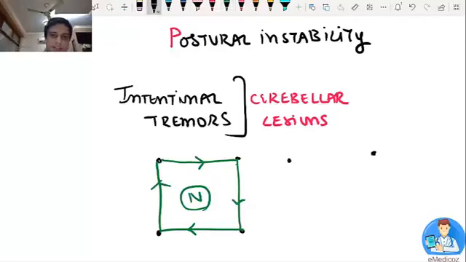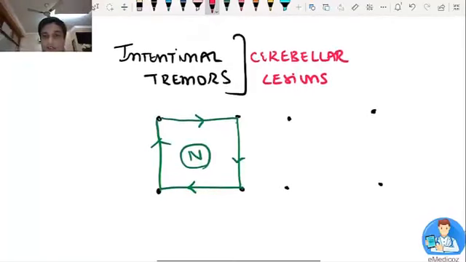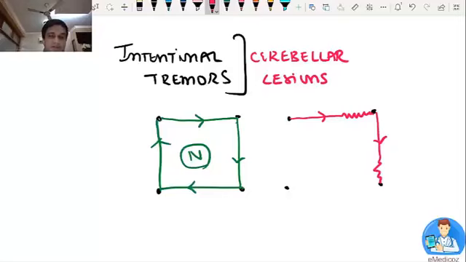Then we have a lesion in the cerebellum resulting in an intentional tremor. How will this patient make the square? He'll start from the origin, and suddenly his hand will start shaking. So the shakiness in the intentional tremor that we observed in the video also came on approaching or nearing the object. Again I start, I end, again the shakiness happens.